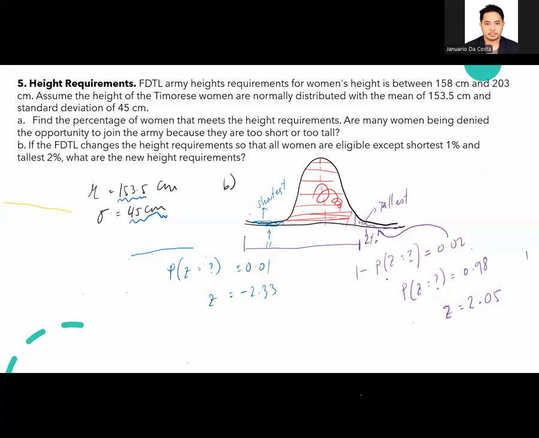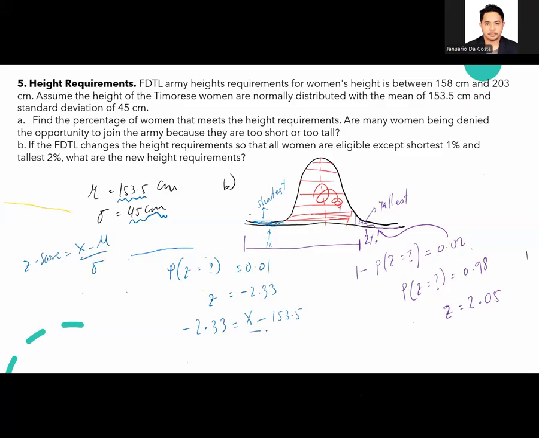Now that you already know the z value for the shortest one, you can find the x. The z-score formula is x minus the mean divided by the standard deviation.